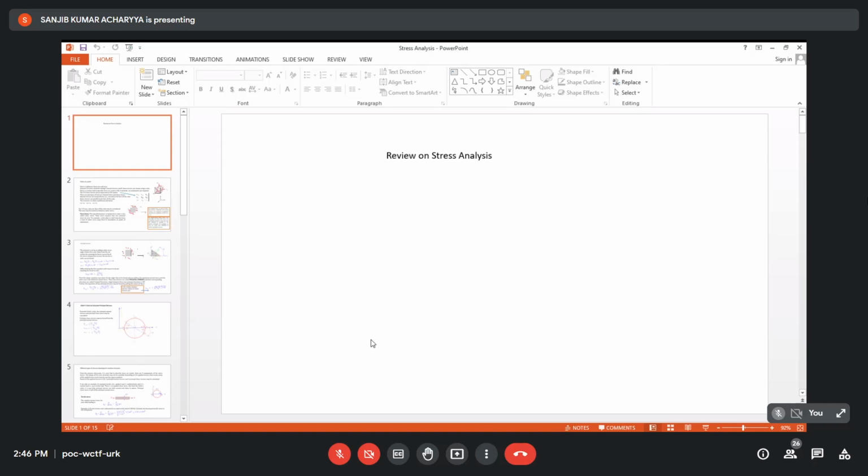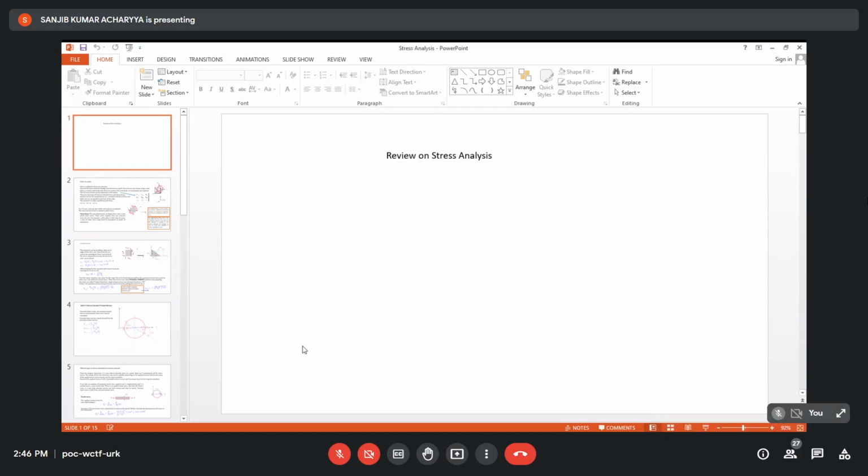And through this period, the amount of deformation, nature of deformation will depend on the nature of the load applied, shape of the material, material nature, etc.